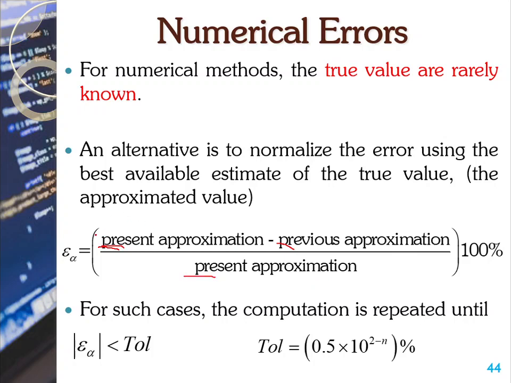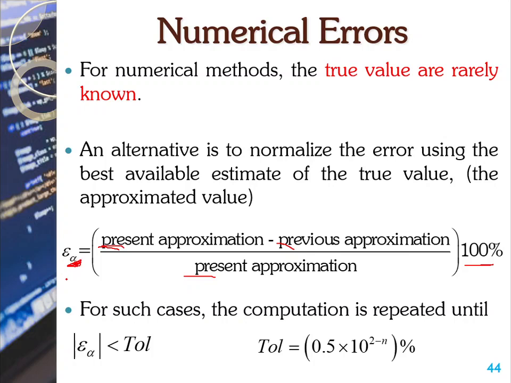Once we get this, we can estimate this normalized error. And remember that with everything, we determine it in terms of percentage, so we always multiply by 100%. Now, because this time we are not using the true value but rather an approximation of it, our error here will be denoted by error alpha, the alpha referring to an approximation.